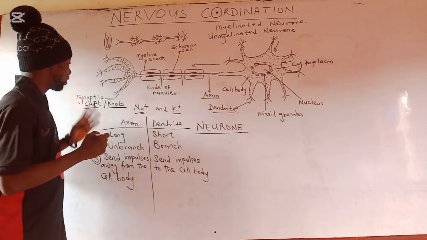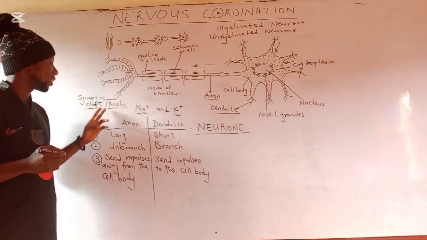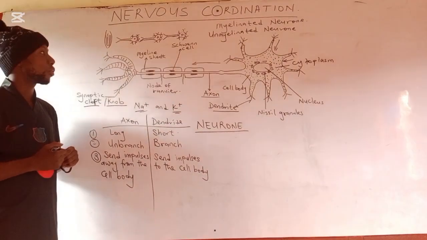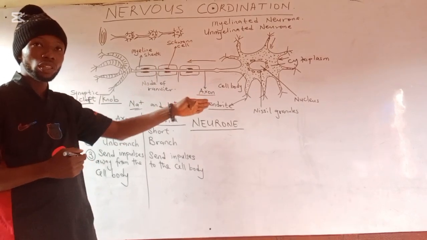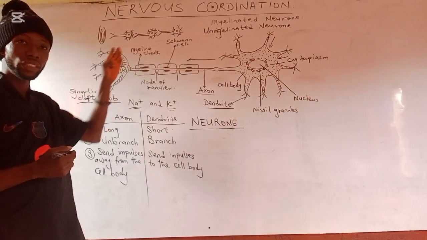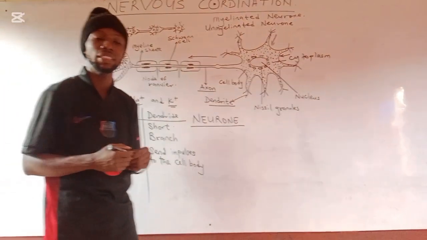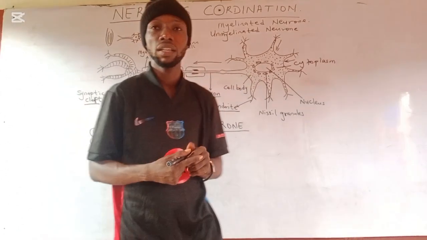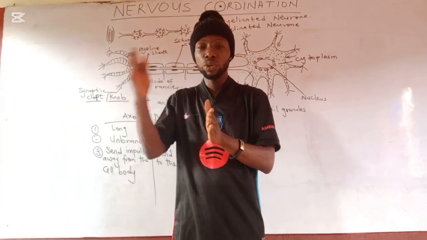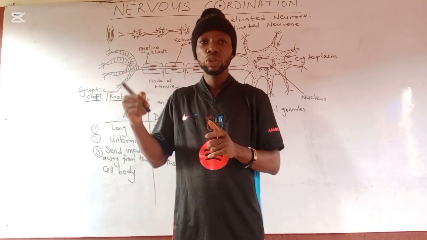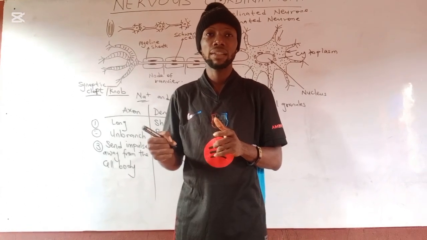Okay, now every neuron continues with the next neuron, and the next neuron, until it gets to the distant target organ. It terminates with another neuron until it gets to the target organ.